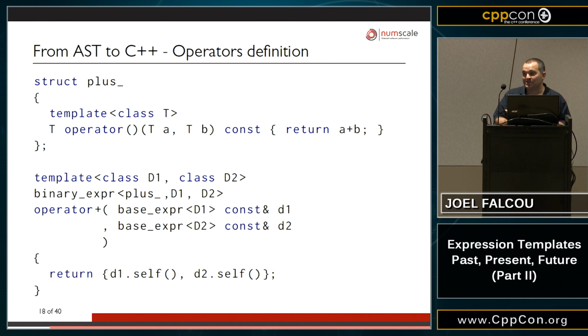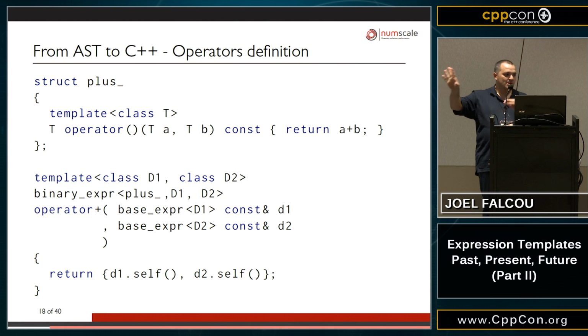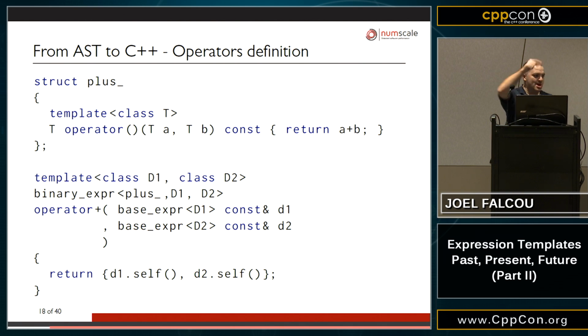For example, let's say you want to optimize a matrix operation of the form C plus equal A times B, and you really want to capture that and send it to a proper BLAS level 3 operation. But for doing this, you need to capture C, A, and B. So by making the plus equal operation say something like, okay, I will evaluate something into what I need.